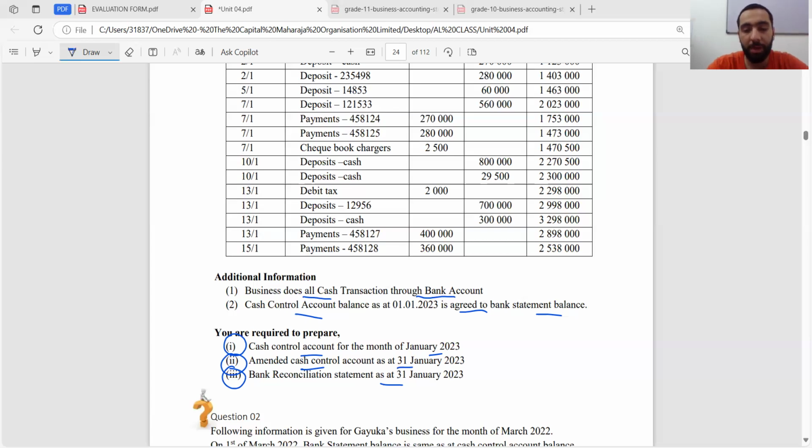The same Excel spreadsheet which we used, we have to use it again. We used the same one last week.